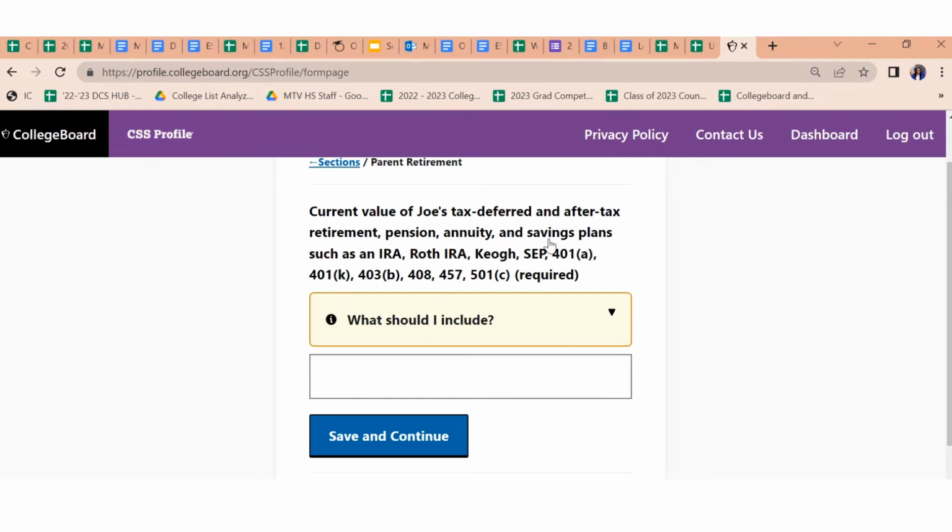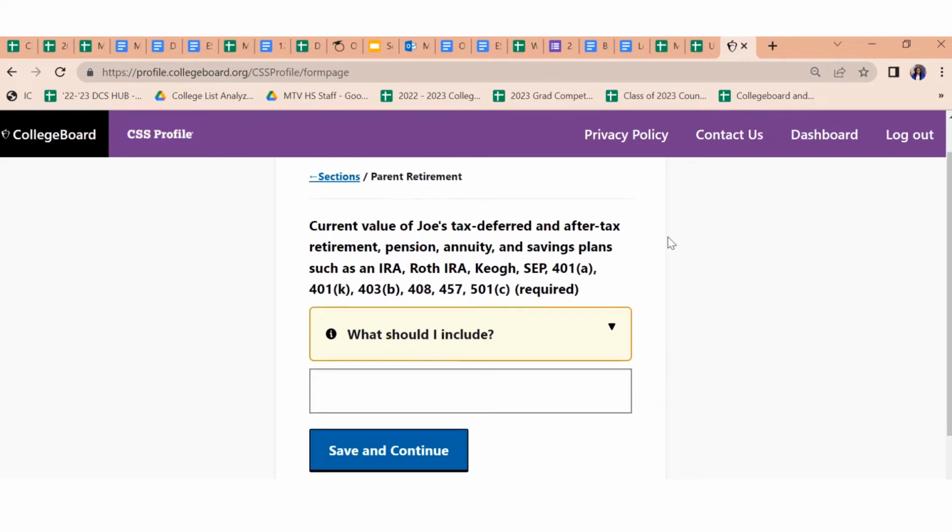This is where, different from FAFSA, you are asked to give a value amount of what this parent's retirement savings plans are worth. Now, this is interesting because schools technically should not be using this to calculate your family's need.